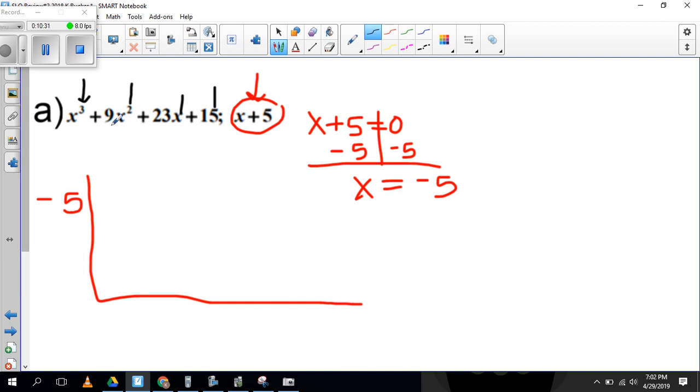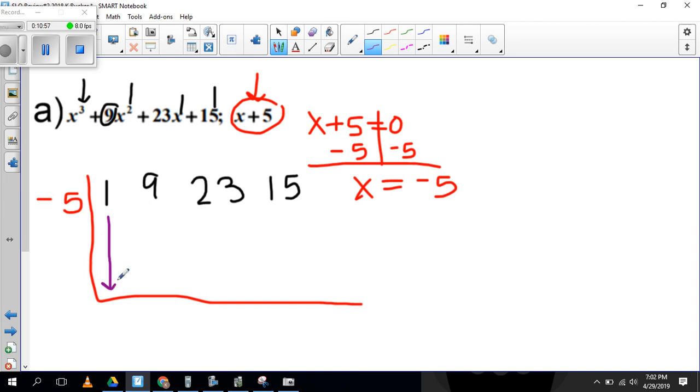So if I go back here, what's in front of x to the third? Well, I don't see anything. So if I don't see anything, it's understood to be a 1. Okay, in front of this x squared is a positive 9. And positive 23x is 23. And then 15 is by itself. Okay? So now all we do is bring down.